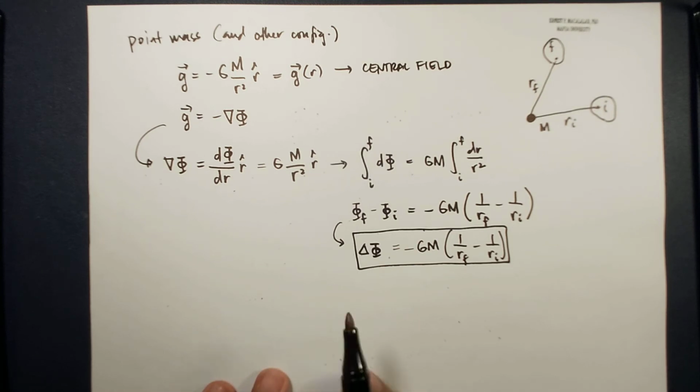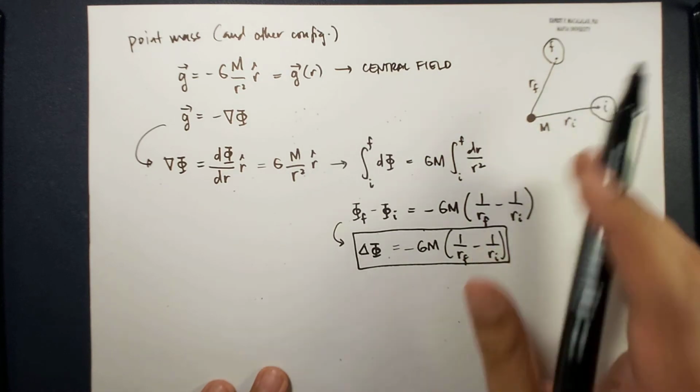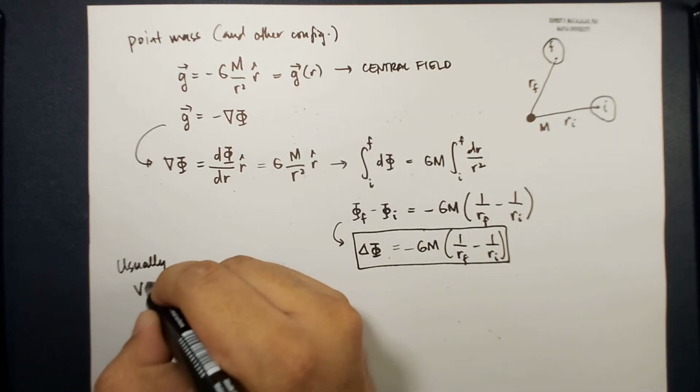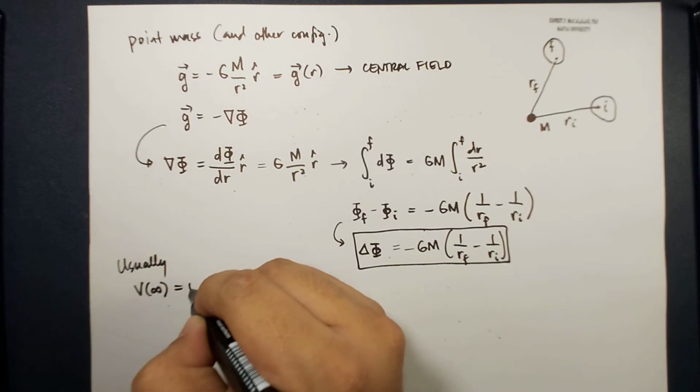Usually, we set the value of the potential at infinity to 0. The potential at infinity is equal to 0.